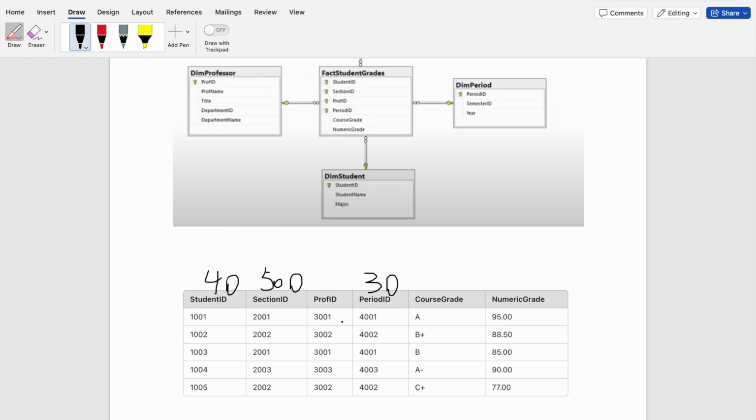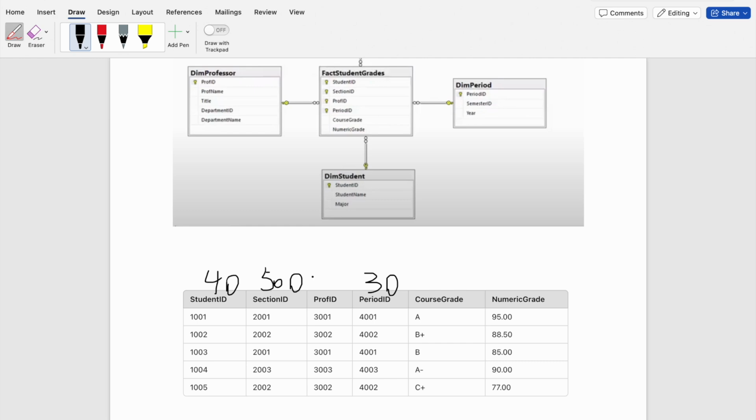The reason is that for each section, there is only one professor. For example, when these students take this 2001 section, the professor will be associated with this ID. It won't change.